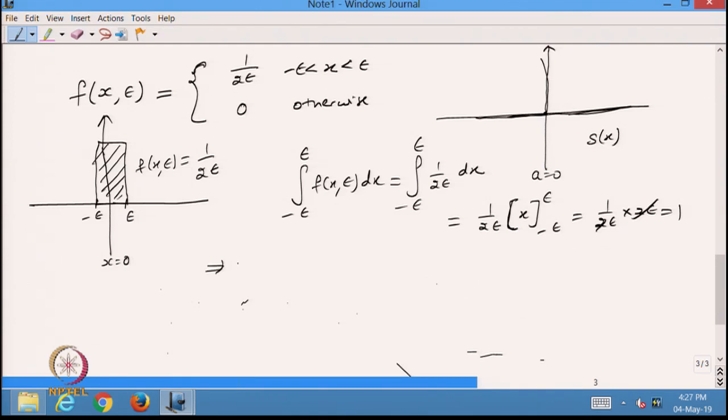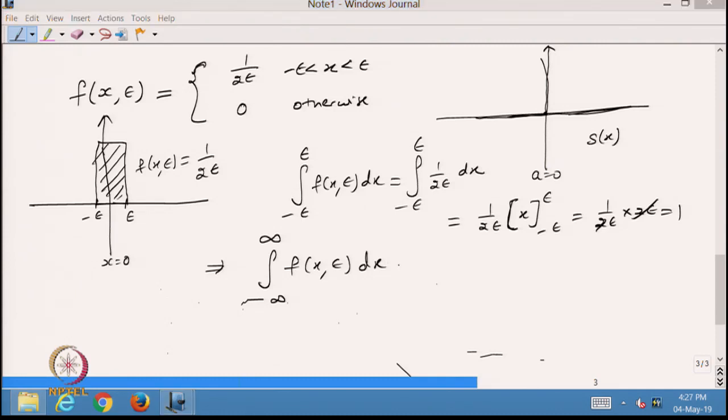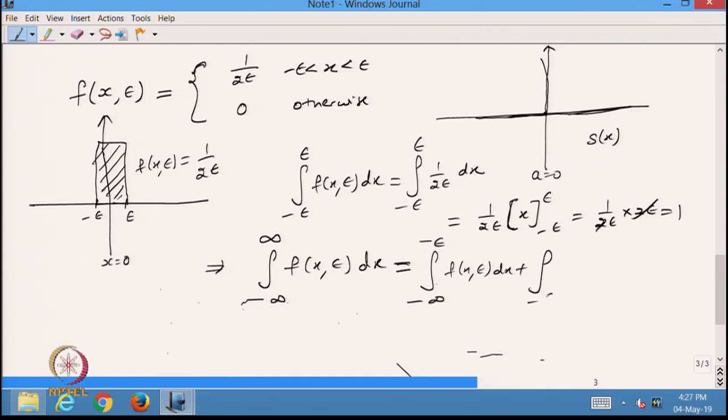The same thing I can apply for this function from minus infinity to infinity of f x epsilon dx. I can write it in this form: from minus infinity to minus epsilon f x epsilon dx, plus minus epsilon to plus epsilon, and then from epsilon to infinity f x epsilon dx.